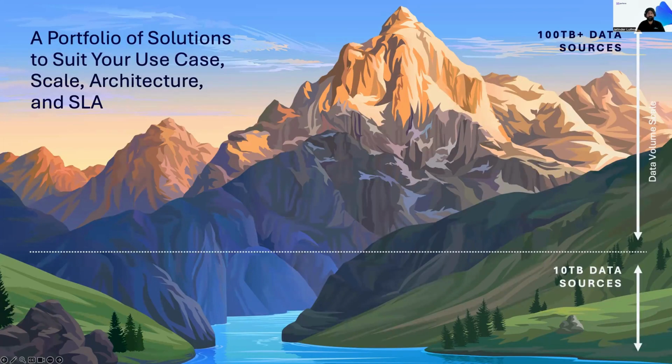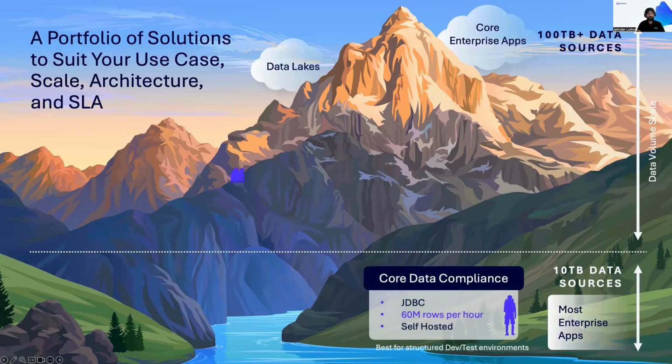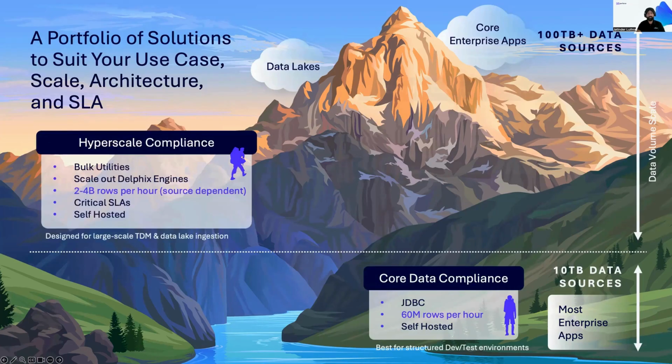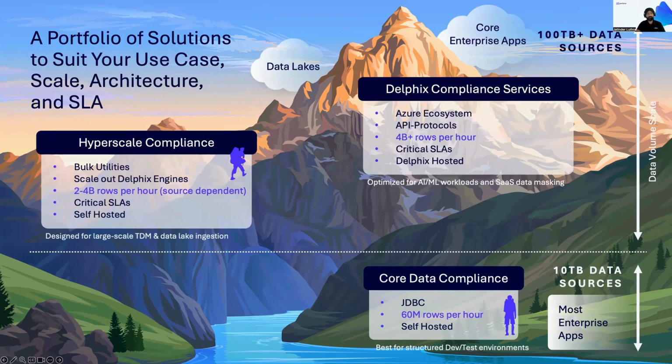Let's talk about how we can help you, what products can help you achieve all those different use cases and overcome the challenges. Managing data at scale isn't just a technical challenge, it's a climb. And depending on your environments, you might be navigating anything from well-worn trails to 100 terabyte alpine ascents. Down in the foothills, you have the most common enterprise cases: finance systems, HR platforms, ERPs, and CRMs.